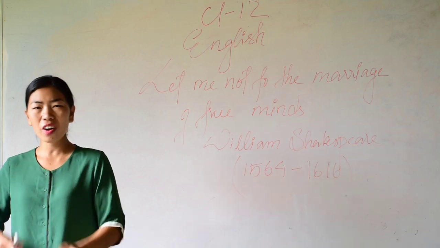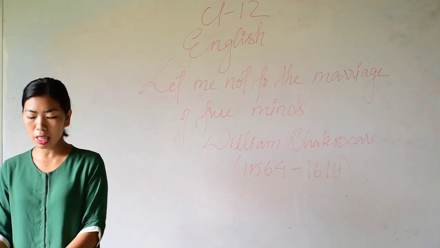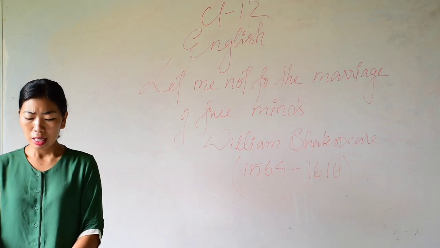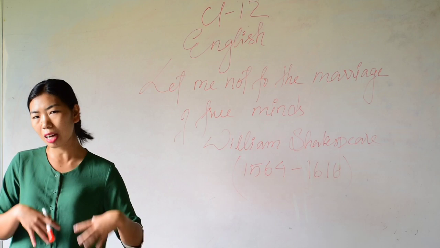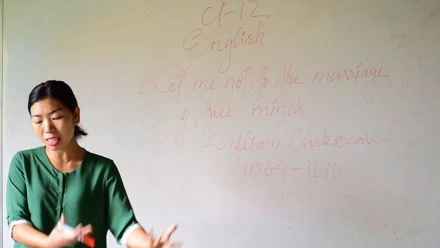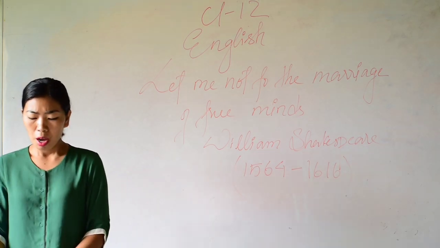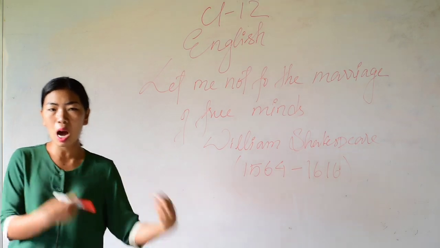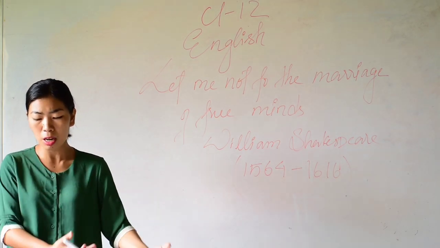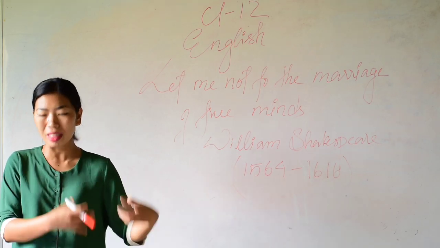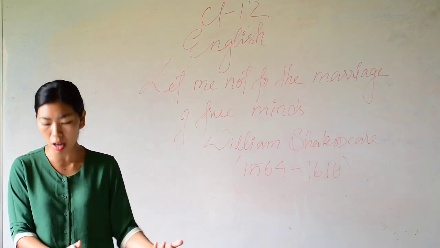So the remover and the alteration can be kind of time. And it says if love changes, if love alters or love removes along with the time, it is not true love.